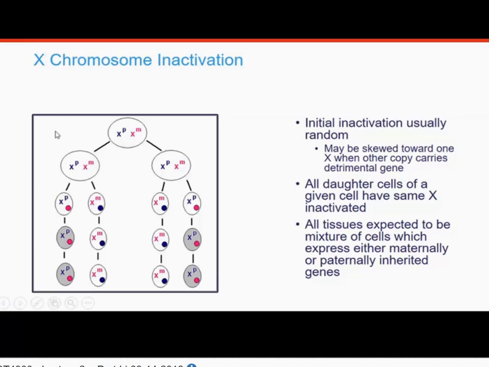And so it generally ends up that there's a fairly equal number of maternally derived X chromosomes that are active and paternally derived, unless there's a problem, a mutation on one of the X's, and then we can see skewed inactivation, so that most of the X's from the mother are going to be inactivated because there's, say, a deleterious gene mutation on that X, as opposed to the other one.